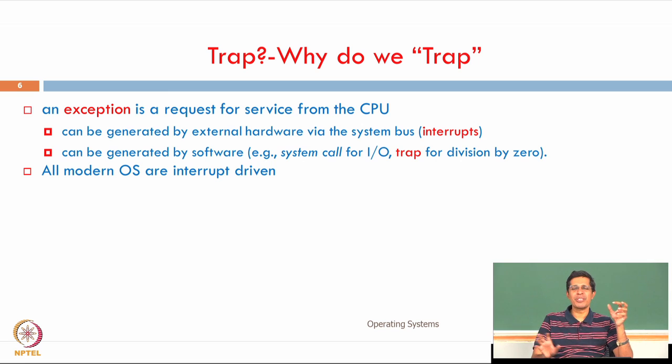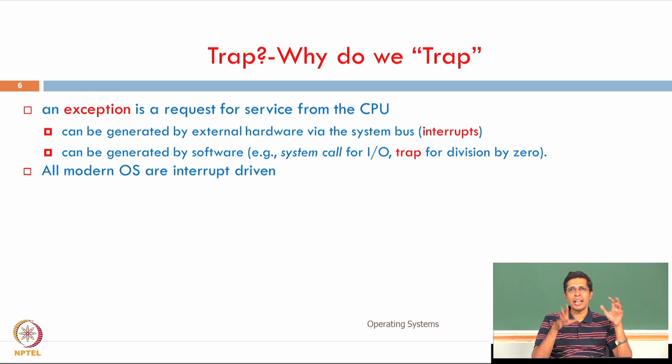Many books have different terminologies for this, but for the purpose of this course, this is the terminology I will be following. An exception is an exceptional scenario that the CPU has encountered, and it is requesting attention from the operating system. This exception is of two types.